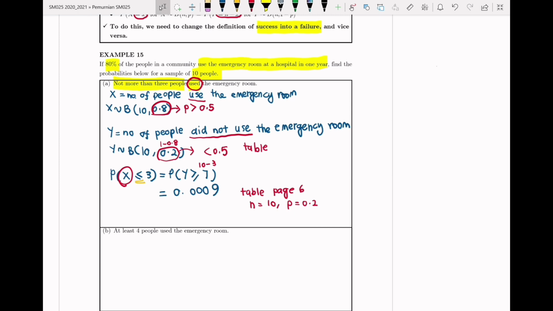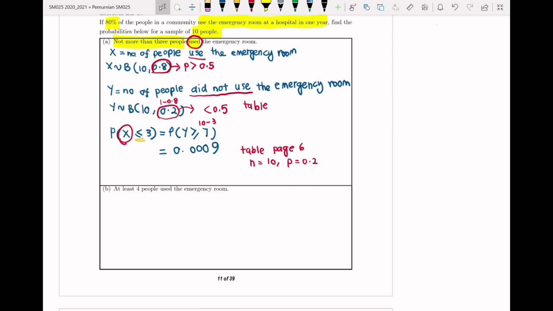For question B, at least 4 people use the emergency room. Again, we have the keyword use, which means the variable is X. At least 4, the minimum number is 4, so X greater than or equal to 4. But we cannot use the table because for X the probability is greater than 0.5.